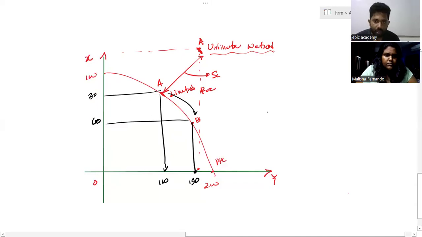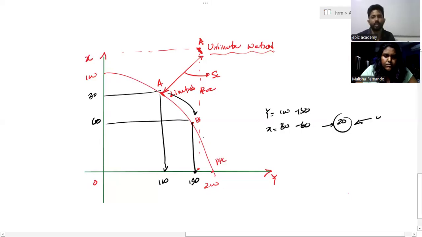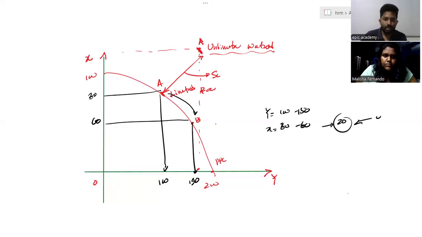So the production can be increased on the side of Y commodity from 100 to 150, but the sacrificed amount is 80 to 60. So now you can identify 20 is the opportunity cost, the sacrificed amount, because this producer changed the production point. You can represent the opportunity cost by using this PPC curve. It is very easy.